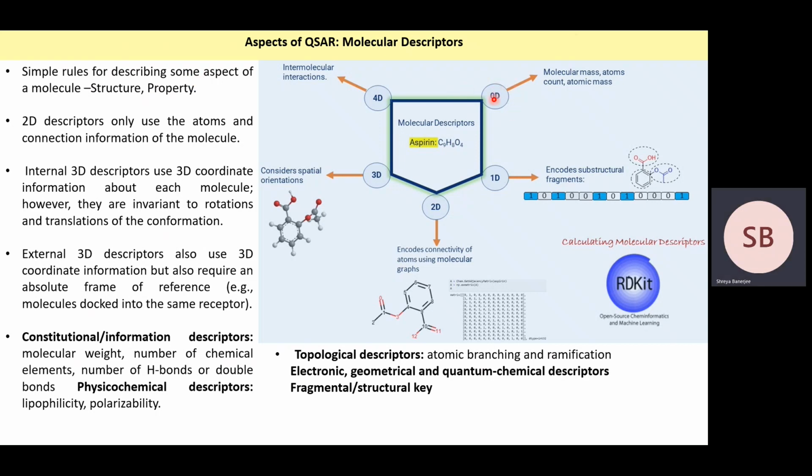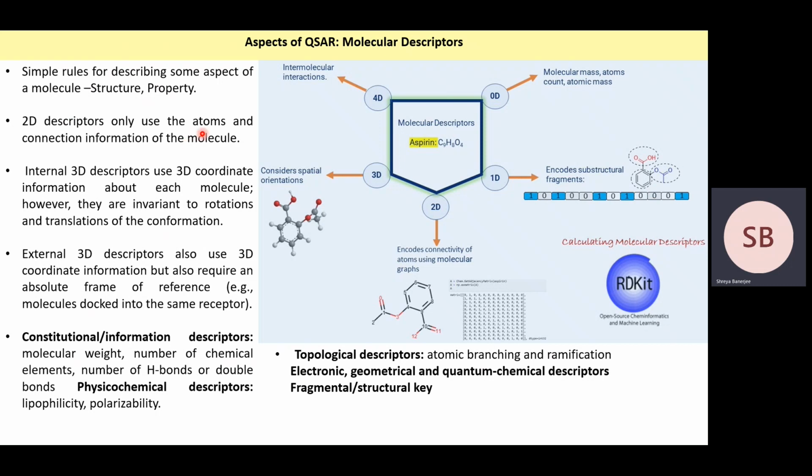Now, 0D descriptors are generally the molecular mass, number of atoms, or atomic mass. 1D descriptors encode substructural fragments, like the benzene ring will have a certain numerical value, and a carboxylic group will have a certain numerical value. So it identifies the fragments as a whole.